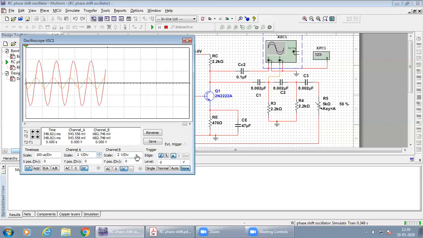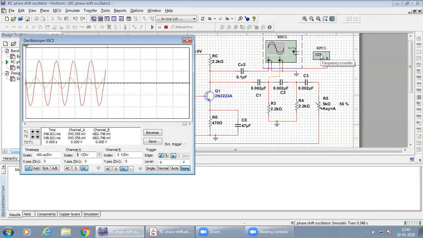What is observed in channel B is nothing but the junction of C1 and R3. As per the circuit diagram, it is point A. So at point A, the phase shift introduced should be equal to 60 degrees.